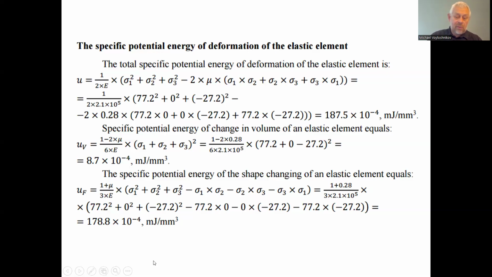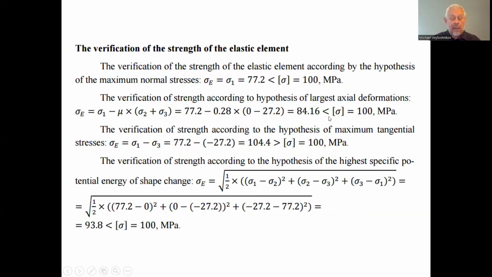That is all the energies. If we have these two energies, the energy spent for change of the volume and the energy spent to change the shape of the segment, we can consider them together. We will have the total specific energy spent for the deformation of the segment of the mechanical body.